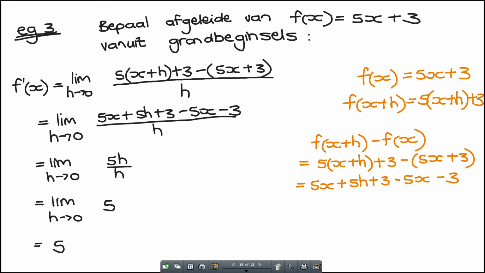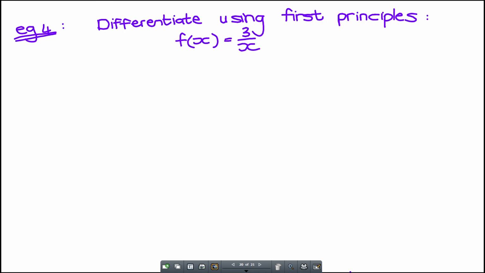Are you done? Okay, last one guys, and then I'll give you homework. Differentiate using first principles. f(x) is equal to 3 over x. If you want to use the shortcut, then I first have to... but for now, my f(x) stays 3 over x. Now, f(x plus h) will become 3 over x plus h. Right? Okay, now I would advise you to first work out those two.